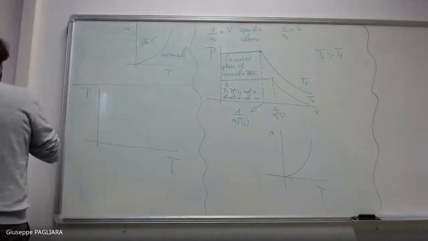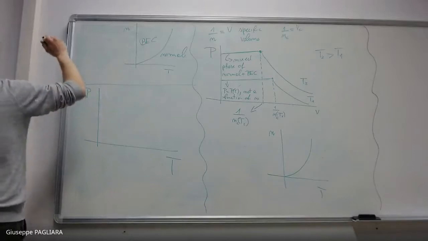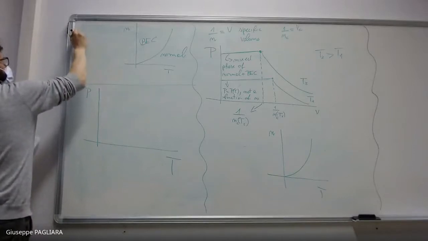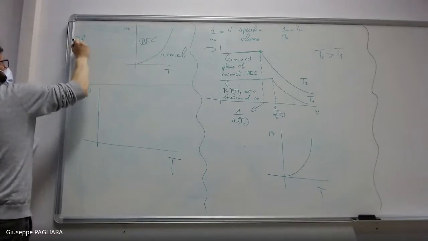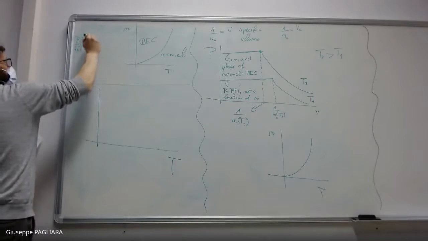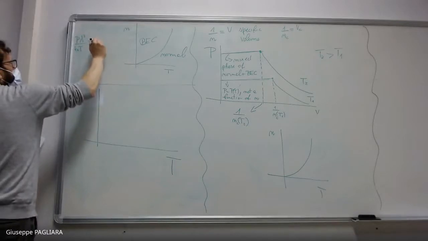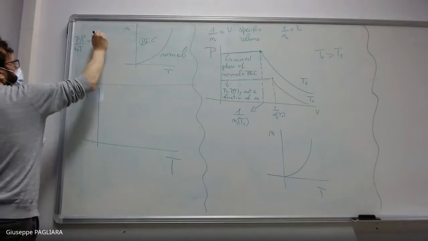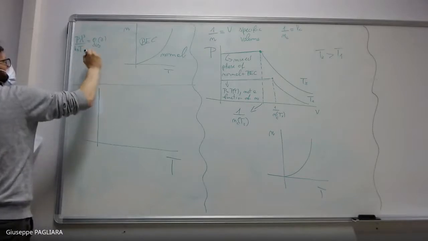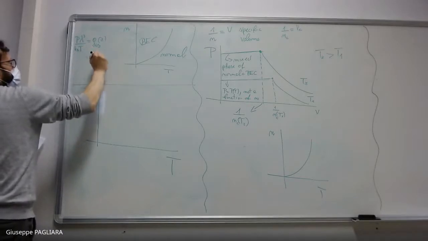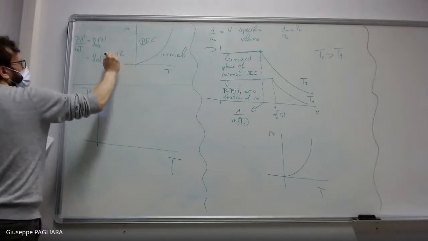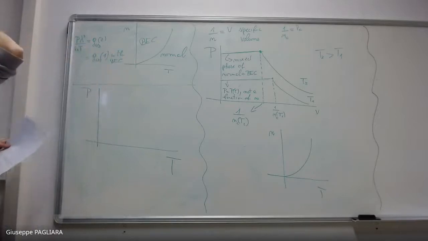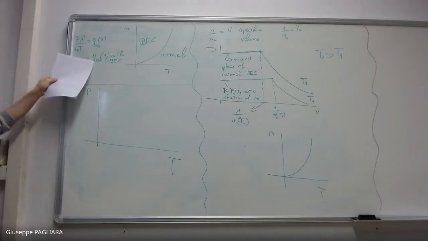So first of all, let me notice that as before, P lambda cubed divided by KBT is equal to g 5/2 of z in the normal phase, whereas it is g 5/2 of 1 in the BC. And in particular, in the BC, this is a number.